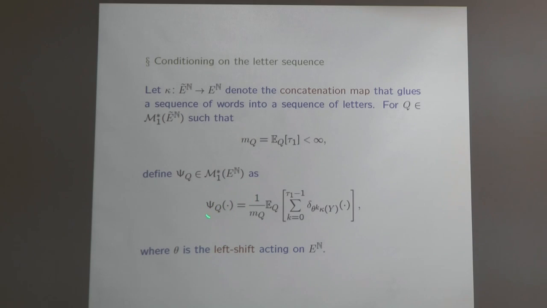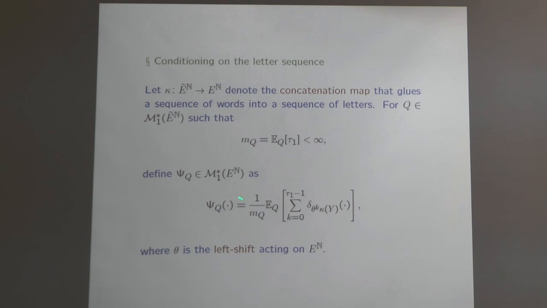You get a probability distribution on sequences of letters induced from the probability distribution Q on the sequence of words by this concatenation map. And the only little drawback that you have is that you have to re-randomize the beginning of the first letter over the first word in order to make sure that you really get something stationary. Sometimes you don't have to do that, but in general you have to.